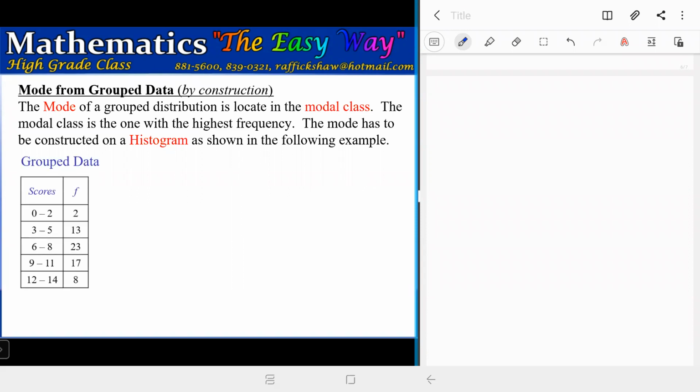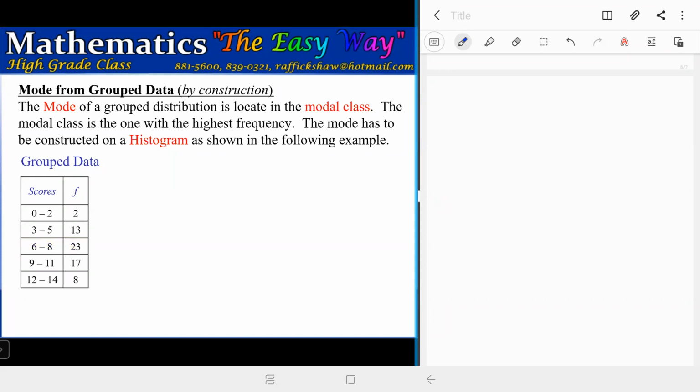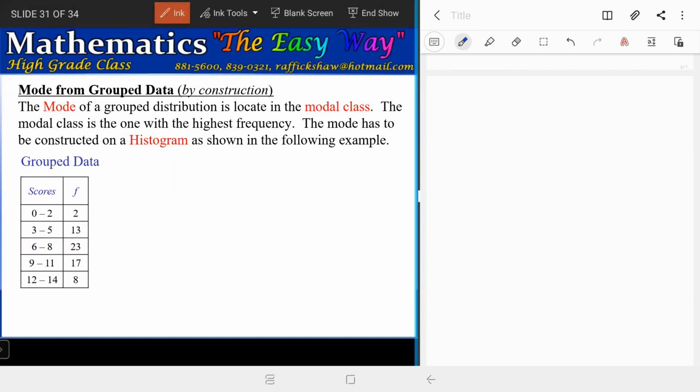All right, so let's look at it. Let's say we're using that same set of data that we had before. And that's the modal class, guys, the one with the highest frequency. So if the question gives you this set of data and asks what is the modal class, the one with the highest frequency is 23. So this is the modal class right here, because it corresponds to the highest frequency.